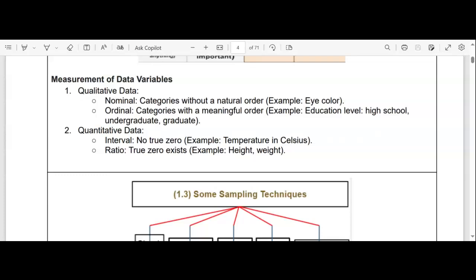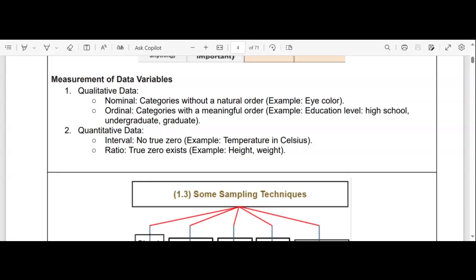Type ratio. You can't have negative weight. A true zero exists. For example, what's your height? 165.5. See, the point is there. But in the temperature, you don't have to put a point, just a straight number.